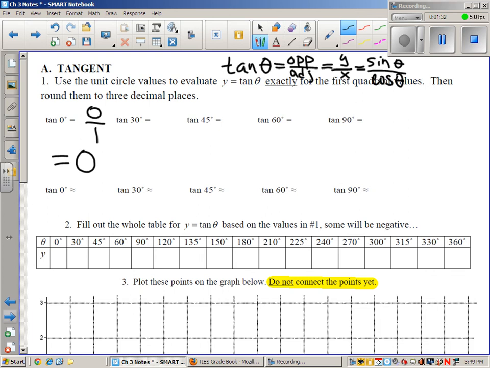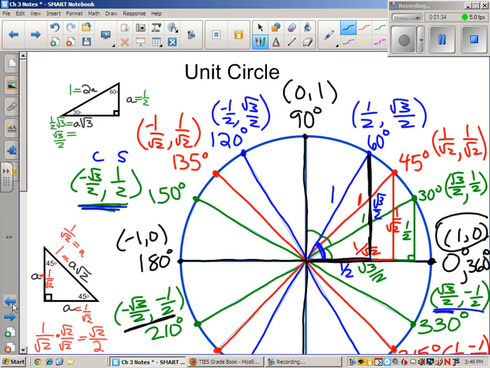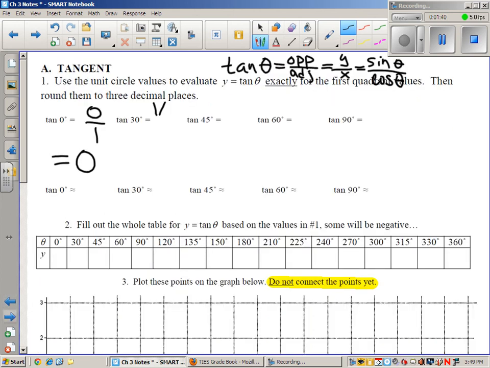When I go to 30, root 3 over 2 comma 1/2, we take the y divided by the x. So 1/2 over root 3 over 2. When we have a fraction divided by a fraction, we need to simplify. When we divide by a fraction, we multiply by the reciprocal. But which one do we flip?